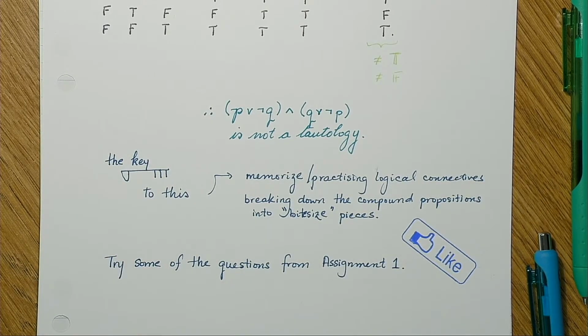Okay, so again, try some of the questions from assignment 1. They don't take a super long time to do. And if you feel that you're running out of time, pick a couple, 10-15 minutes. And then if you feel comfortable, just practice enough.